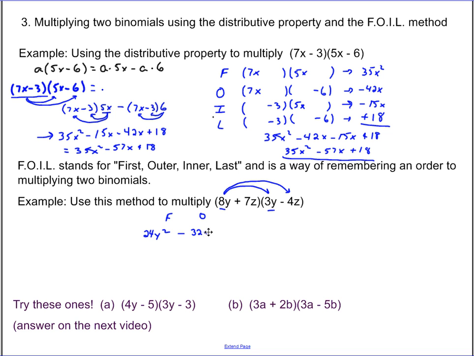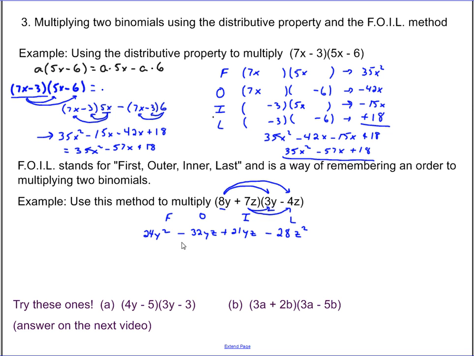y times z. Our inner terms are next, so 7z is multiplied by 3y, so this is plus 7 times 3, 21 times y times z. And finally, our last terms: positive 7z is multiplied by negative 4z, so that's positive times a negative, minus 7 times 4, 28, and z times z gives us z squared.